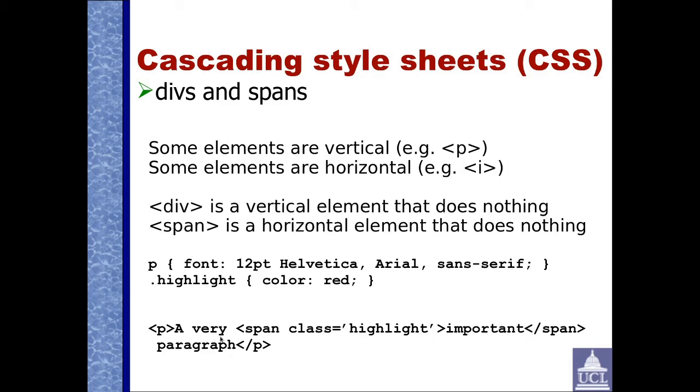So this would be presented in the standard black 12-point Helvetica or Arial or sans serif as we've specified here, but this one word here would be highlighted. And the highlighting we've used at the moment is red, but you could change that to bold or a different colour or whatever.